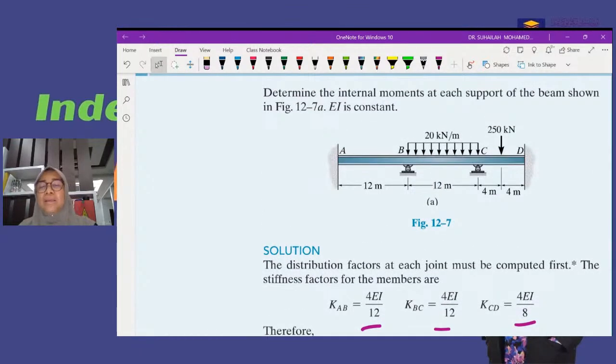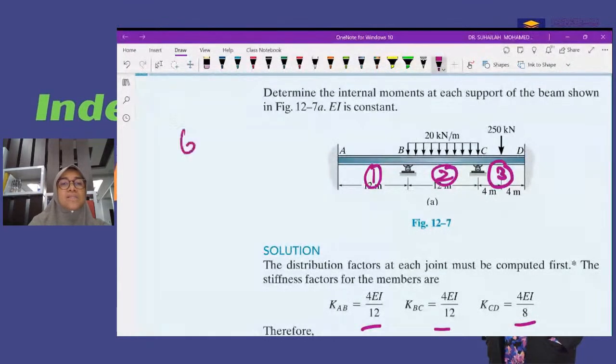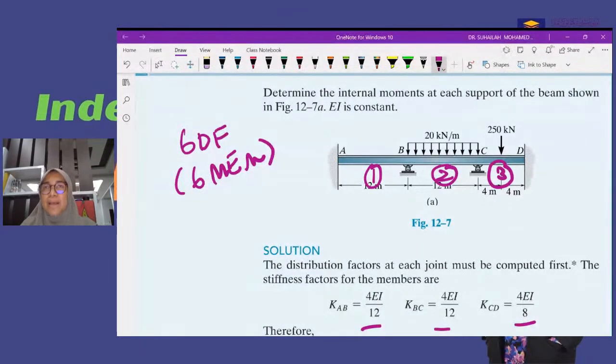How many distribution factors do we have in this beam? We have element 1, element 2, and element 3, and one element consists of 2 ends. So 2, 2, 2, there are 6 distribution factors, which means we will have 6 member-end moments.